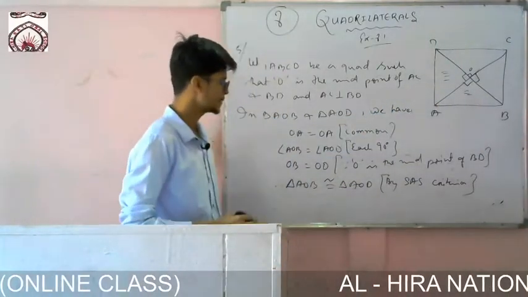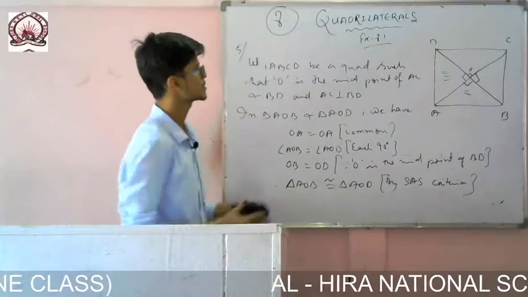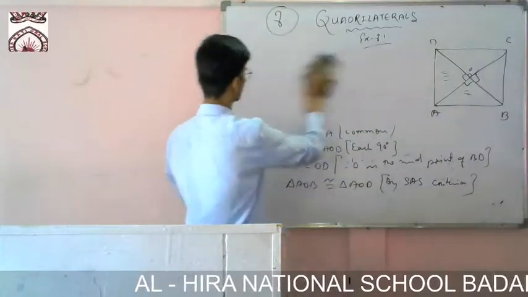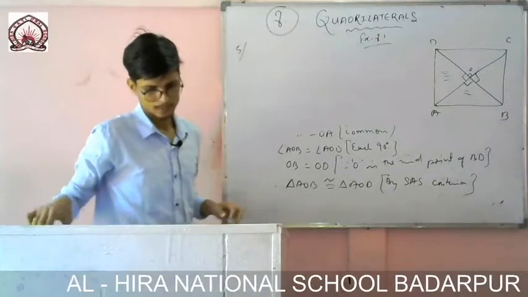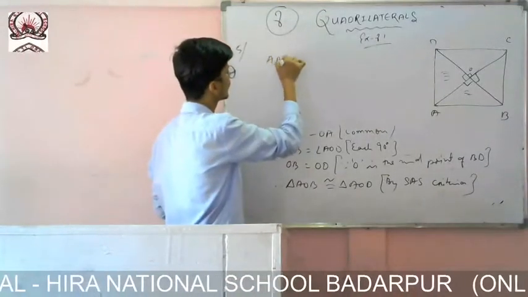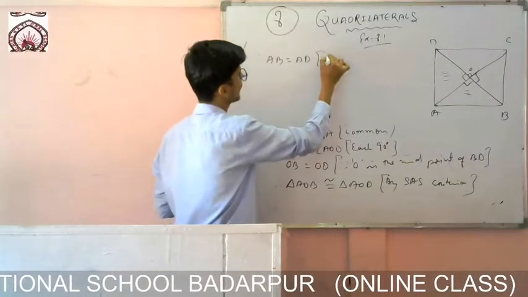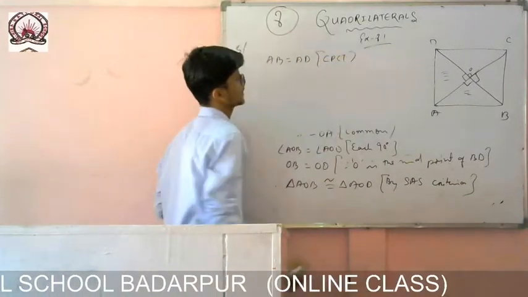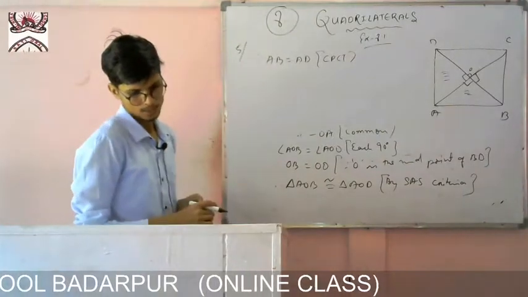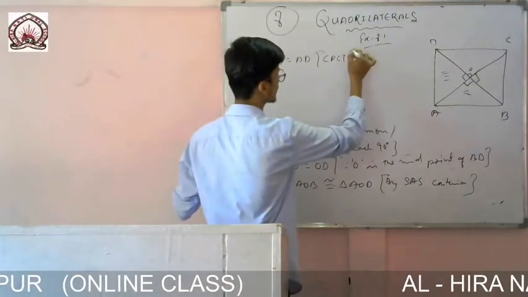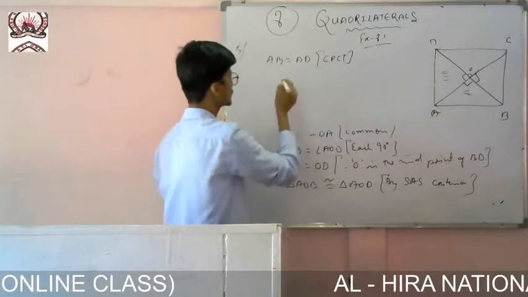That means AB will be equal to AD. CPCT. AB will be equal to AD.